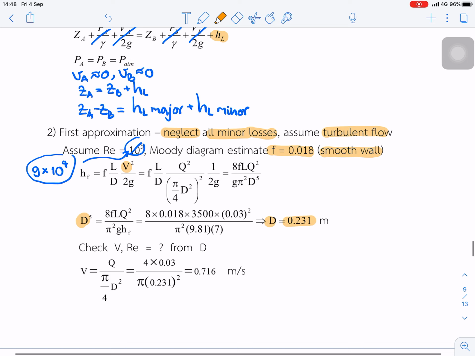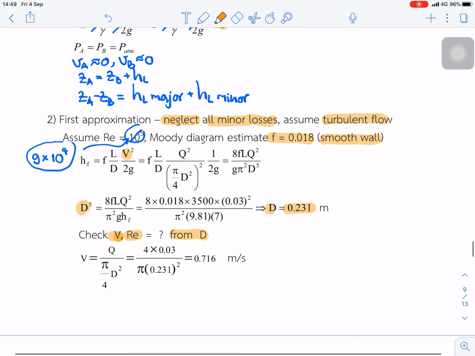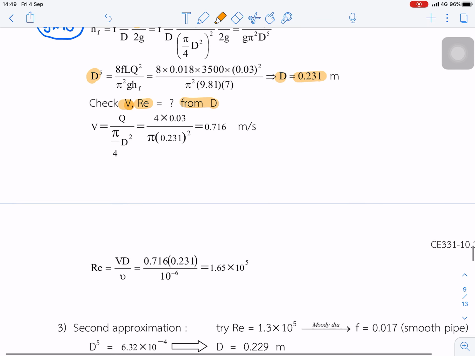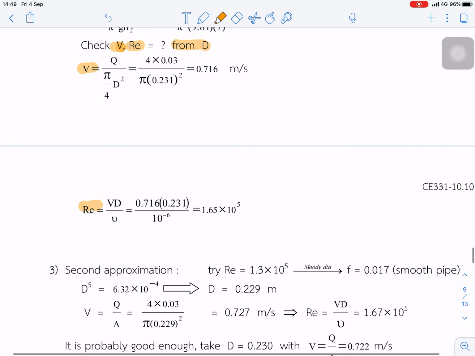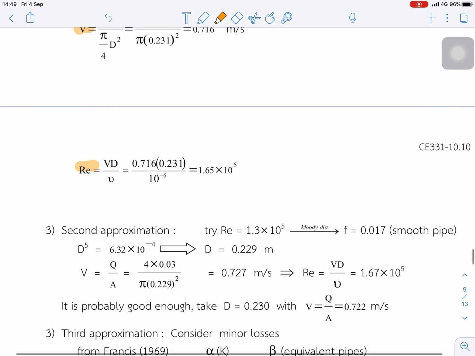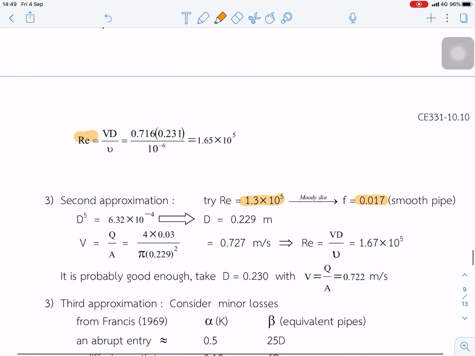And next we have to check velocity and check the Reynolds number again, because the first Reynolds number is from assumption, and from D. So we check the velocity, check the Reynolds number, which is about 1.65. Once we check again, we try a new Reynolds number, 1.3, and we get friction factor 0.017.